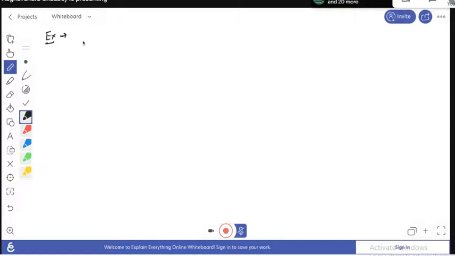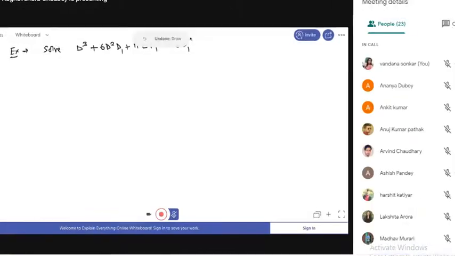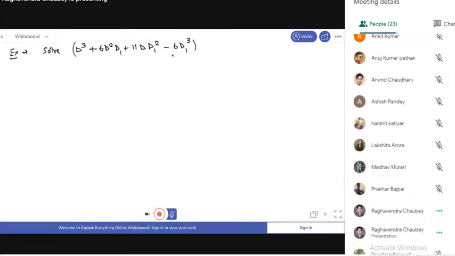Solve D cube plus 6 D square D1, after rearranging this partial differential equation in terms of D and D1 operators.